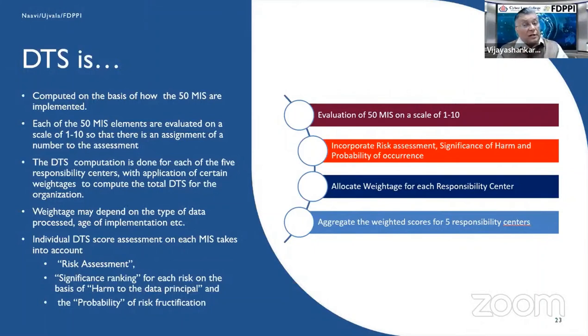This is done for different responsibility centers. We have a system of assigning some kind of weightage to what are the management responsibilities, what are the IT responsibilities and so on. So we adjust the aggregated DTS evaluations over 50 MIS by applying certain proprietary weightages.